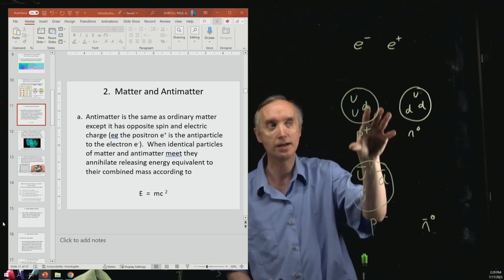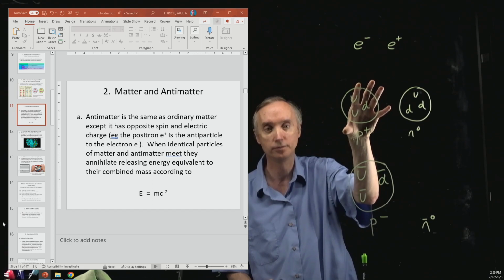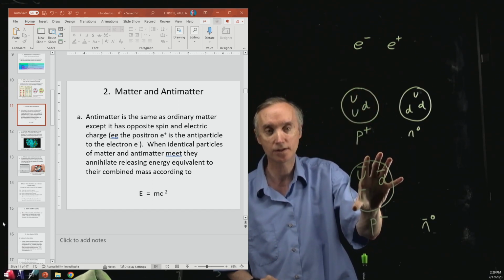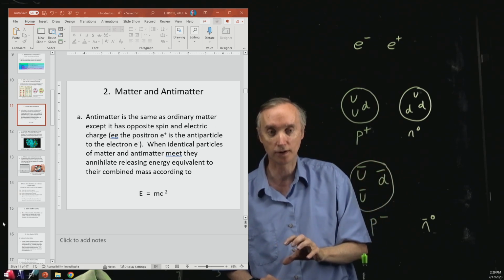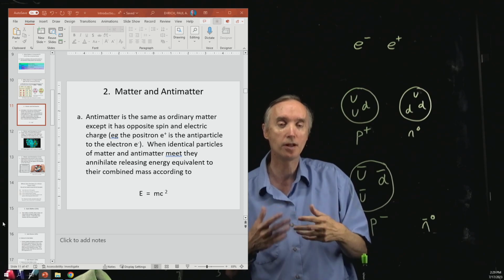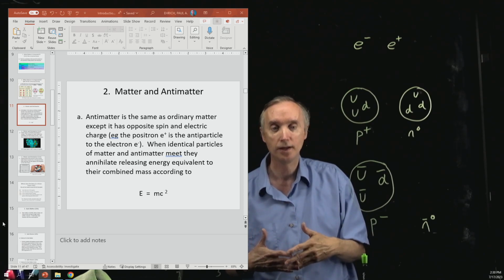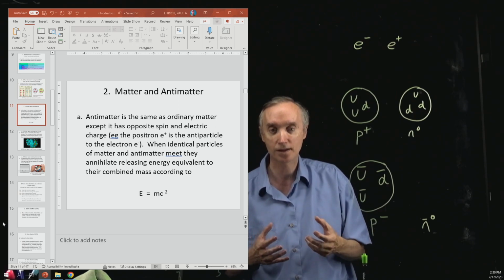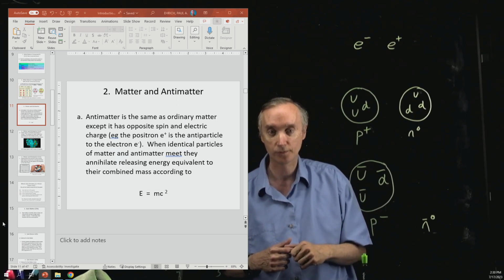So it would be the mass of the proton in kilograms plus the mass of the antiproton in kilograms. You add those two numbers together and then multiply by the speed of light squared, and that would be the energy released in a matter-antimatter explosion.